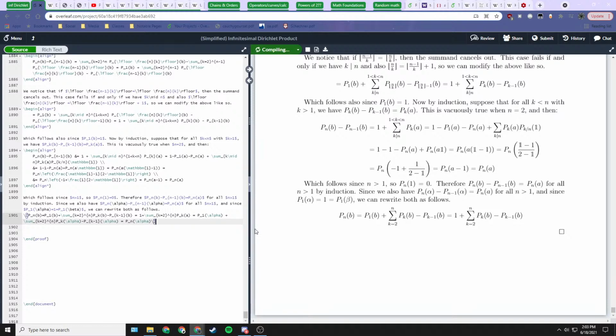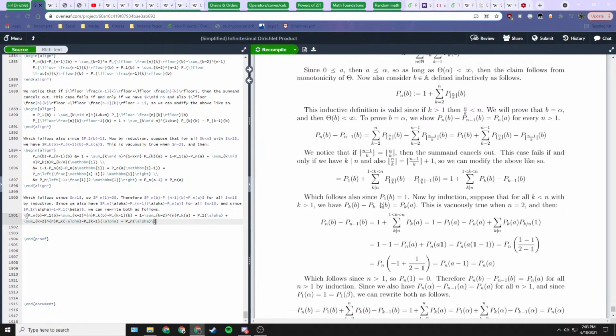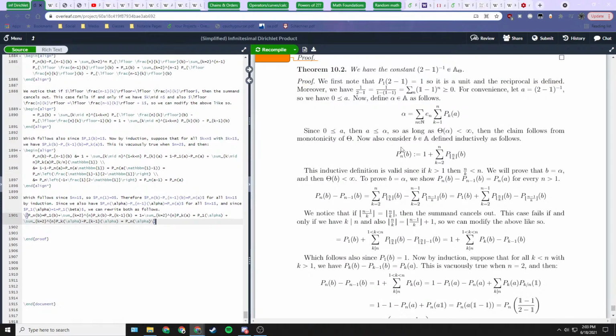Very roundabout way to prove this form, but there it is. So we've proven that this form is valid.